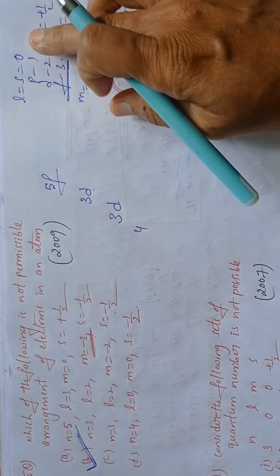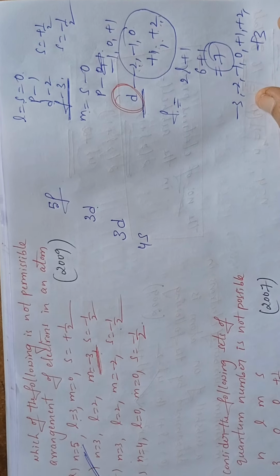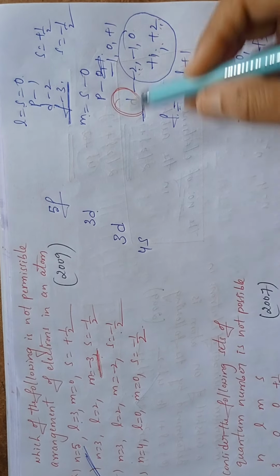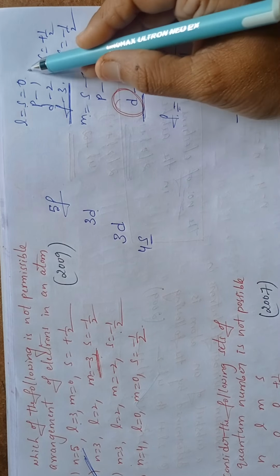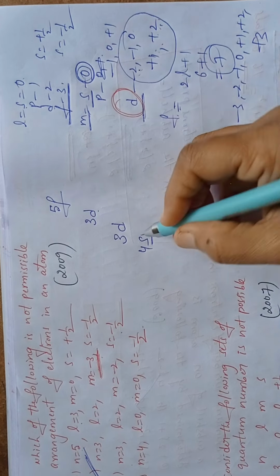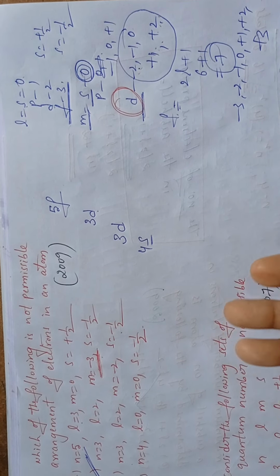L equal to 0. L value 0 means S subshell, 4S. Are you clear, students? M equal to 0 means for S subshell, M value is 0. So that's why it is also possible. Minus half is also possible. Are you clear?